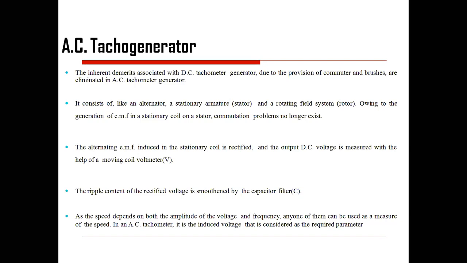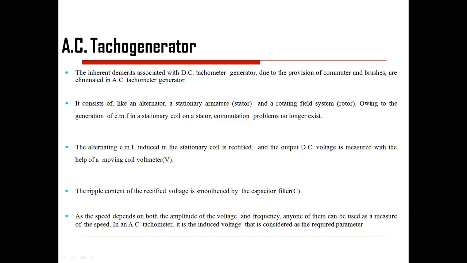And here also we have a stationary armature and a rotor field system, that is stator and rotor. Owing to the generation of EMF in a stationary coil on a stator, the commutation problem no longer exists.